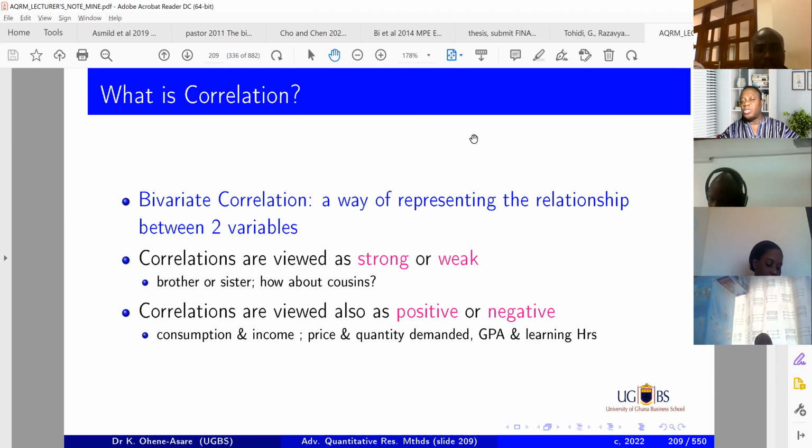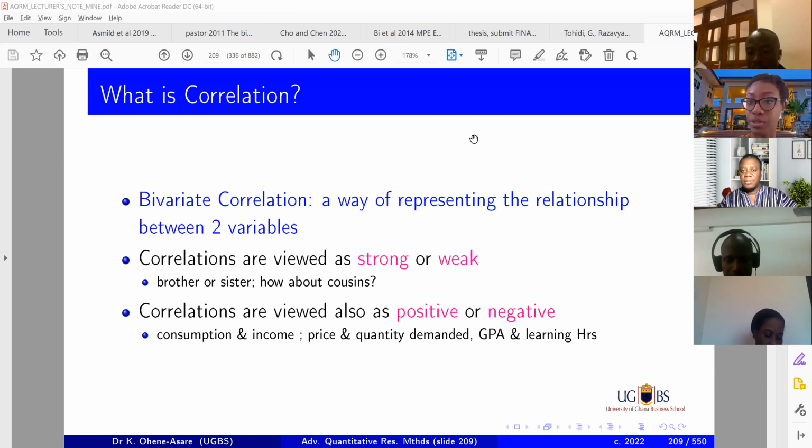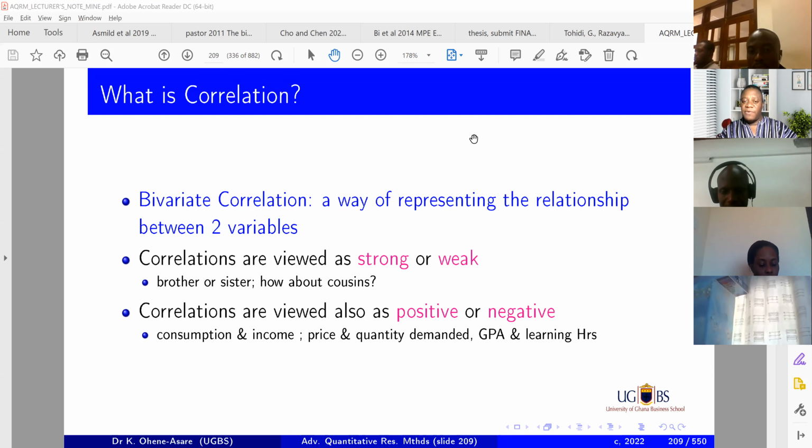The relationship between a brother and a sister, and the relationship between cousins, which one is more likely to be strong? Generally, which is more likely to be strong? Richard? So the relationship between brothers and sisters is stronger than between cousins. Very good, generally speaking. So that relationship is said to be strong.